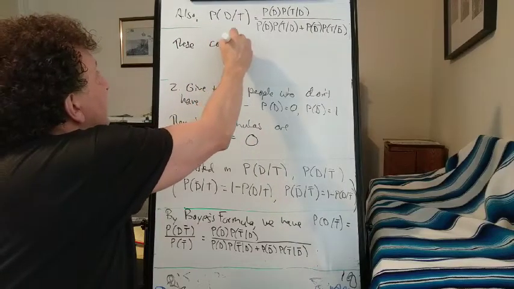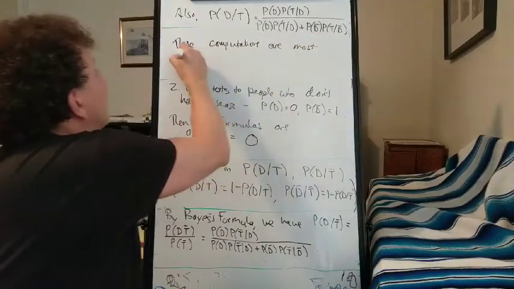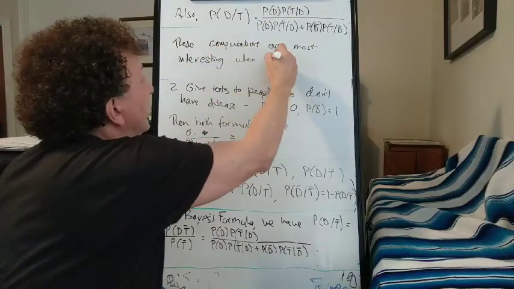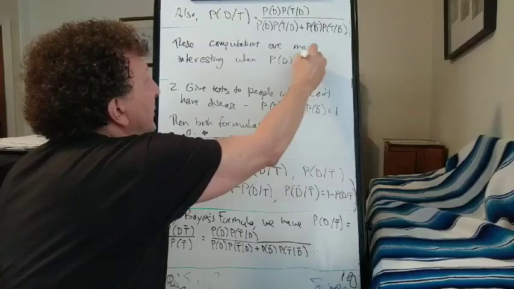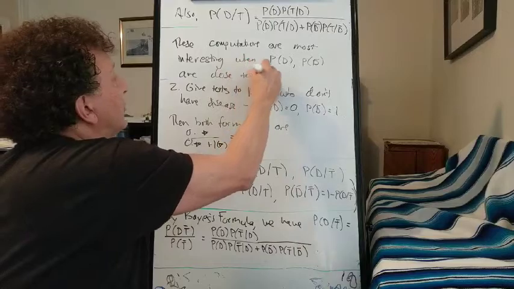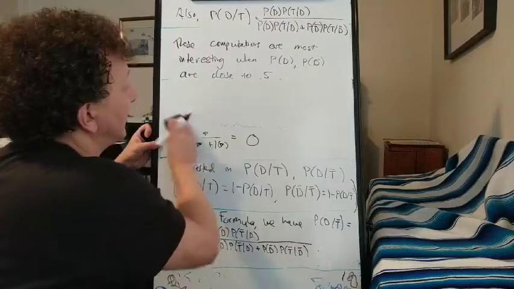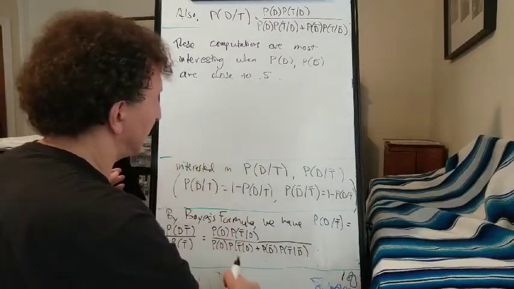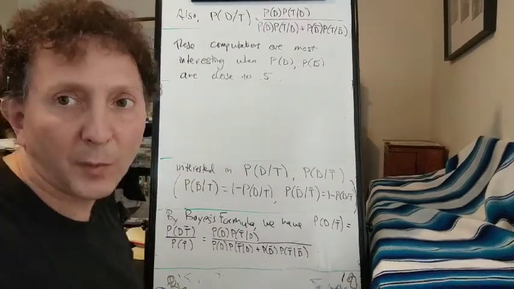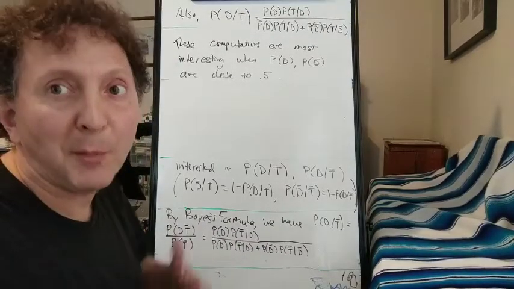So these computations are most interesting when P of D and P of not D are close to 0.5. Because then we're saying something about how the test works, really, and not so much about the population that's being tested.